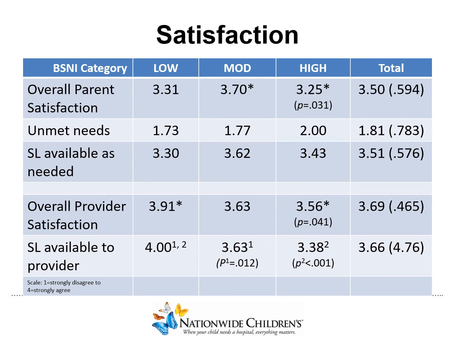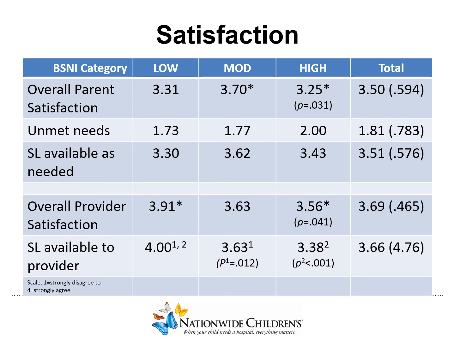There was no difference in the level of identified unmet needs across groups, and no differences in the school liaison being available as needed. For the providers, there was a significant difference between the low need group and the high need group, although again, the difference was skewed in the opposite direction from what we would have expected to see if this model was unacceptable.